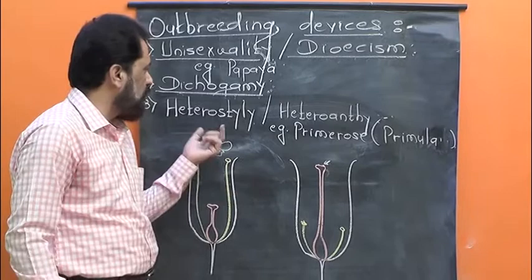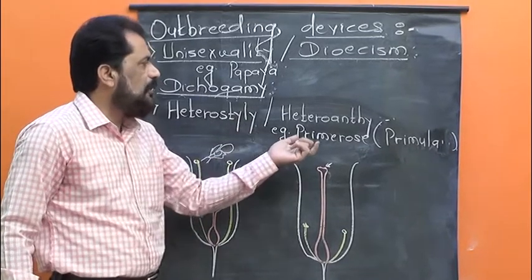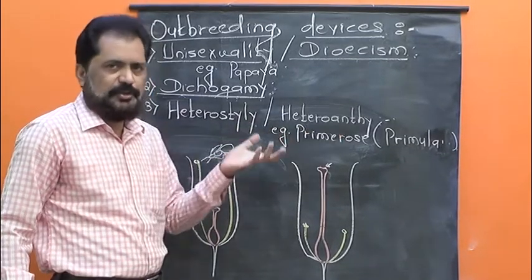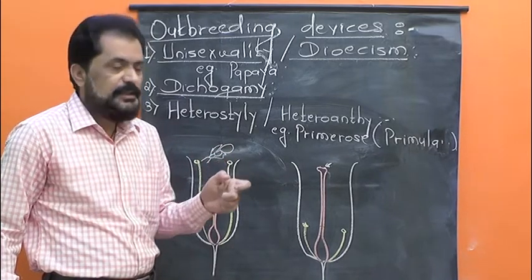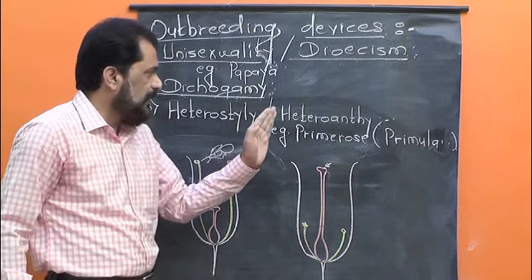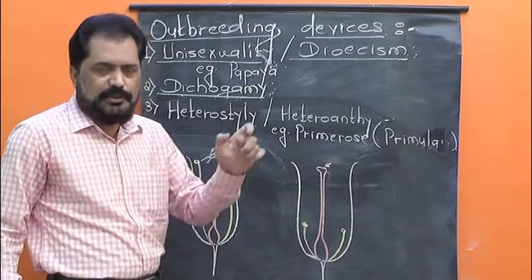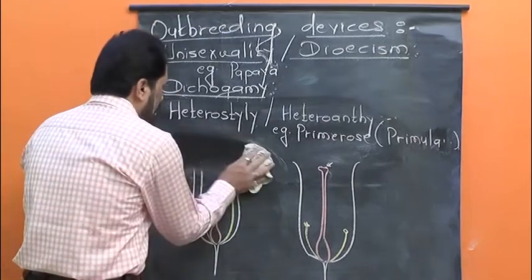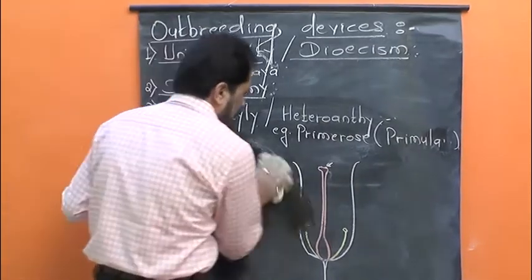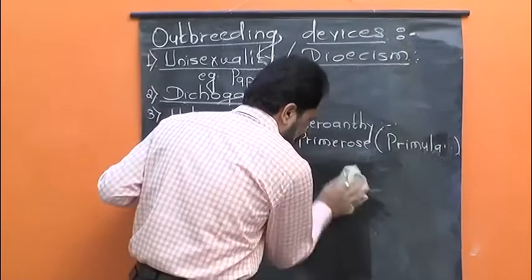This condition is called Heterostyly or Heteroanthy. Hetero stands for difference in the length of style and anther, which facilitates cross pollination. Next contrivance, Herkogamy.